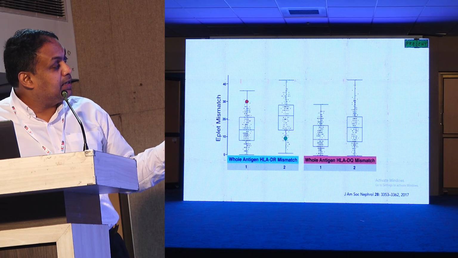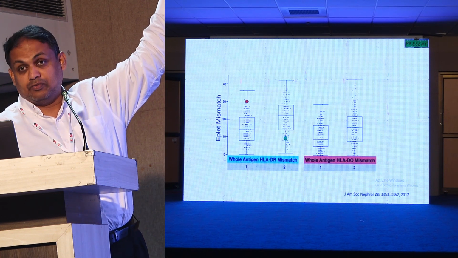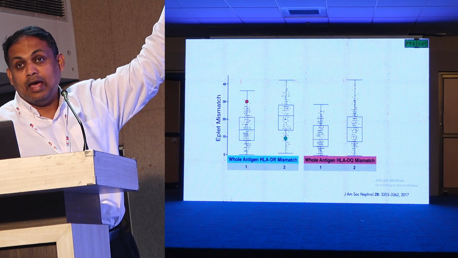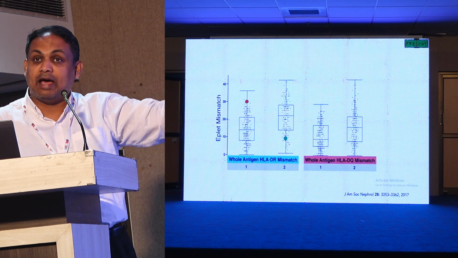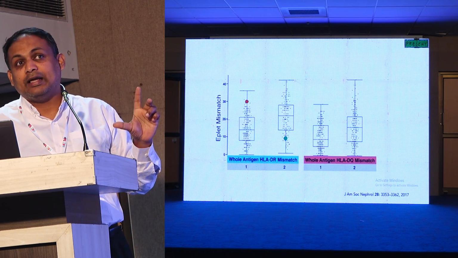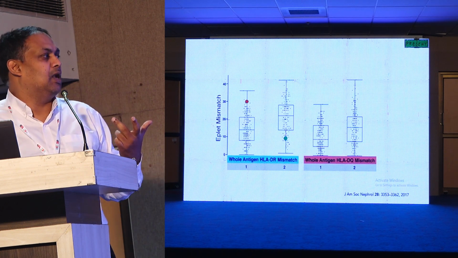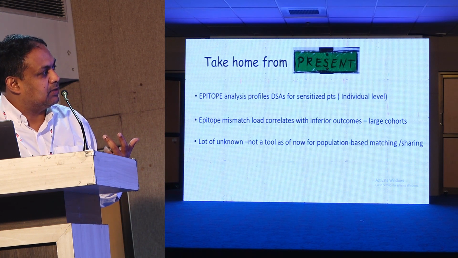The study showed that there might be 1 mismatch patients with a high eplet mismatch load, who might not do well, and 2 antigen mismatches might have a very low eplet mismatch load. So eplet mismatch gives a better correlate of clinical outcome. That is what these studies have shown.